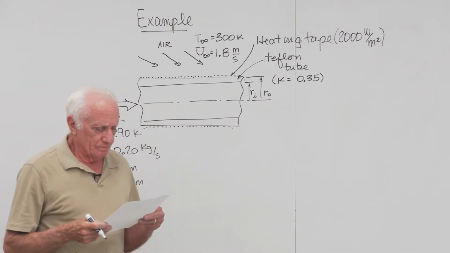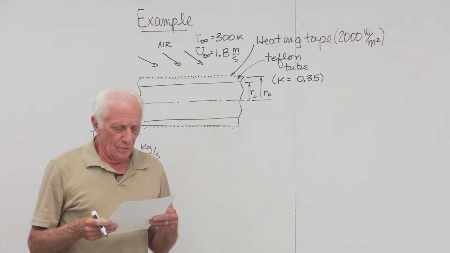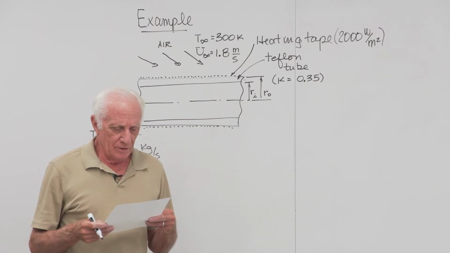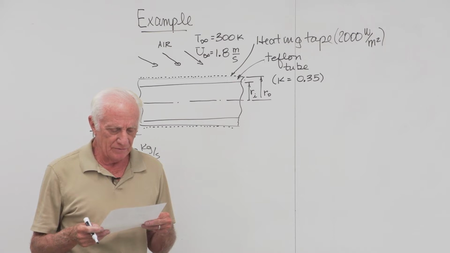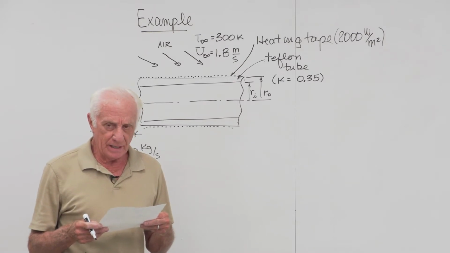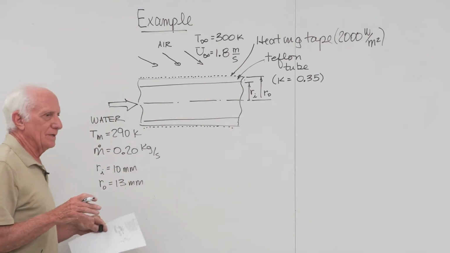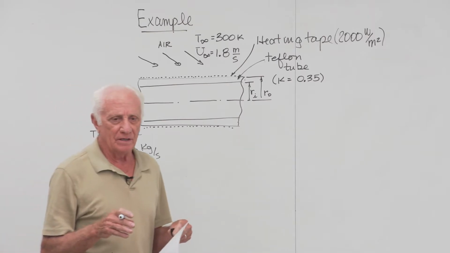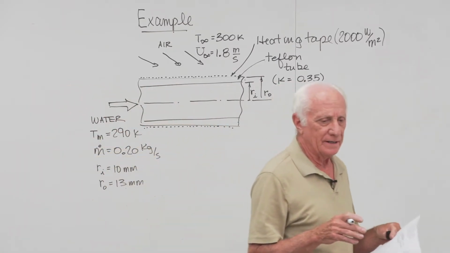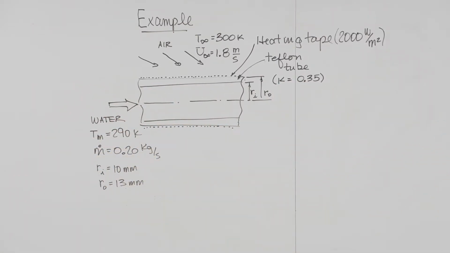Now, he says a convection coefficient of 25 is maintained on the outer surface of the tape with ambient air at 300 K. So he gives you H on the outside. No, scratch that out. You're supposed to find H on the outside, so I'm modifying the problem.